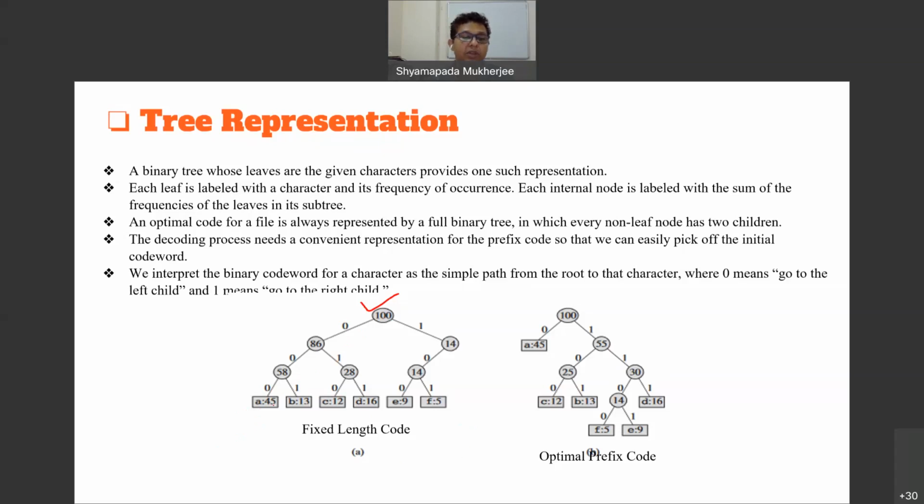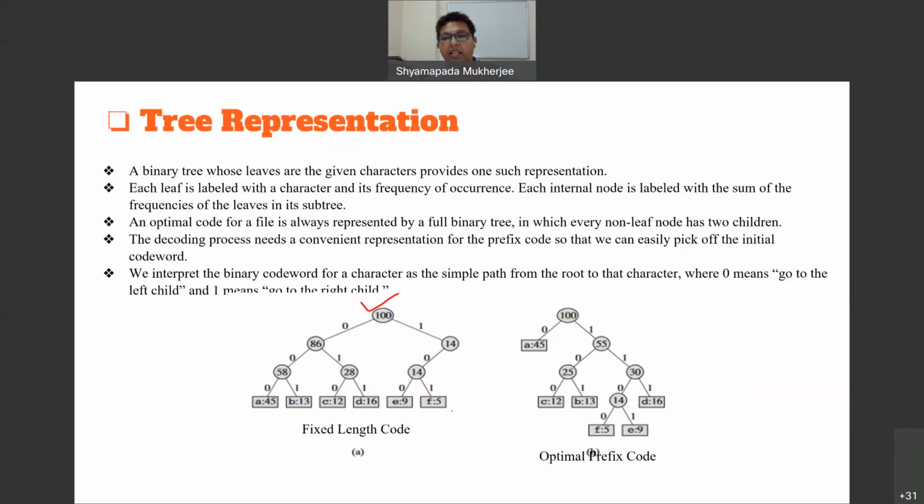One thing you can see is that in fixed length representation, the tree is not a full tree. But if we take the optimal prefix code or Huffman code, it is a full tree. That means each node has two children. So this is the ideal tree representation.